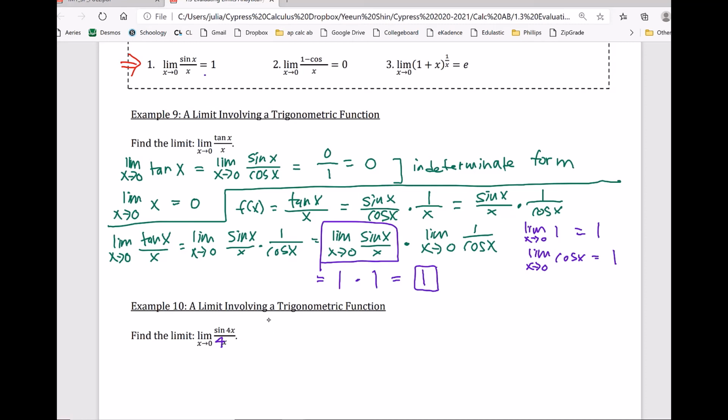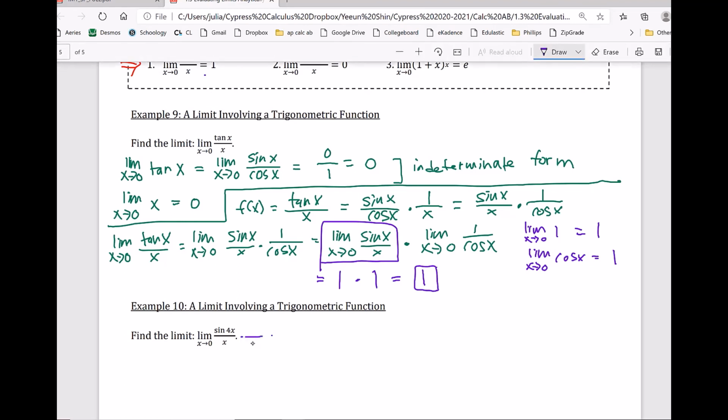Isn't that kind of like if I let u equal 4x? So maybe I won't write the limit notation just yet, because then it doesn't really make sense. But it's like sine u over u. And that should fit pretty well with that, right? Okay, so we want it to be the same. So is there a way we can get away with multiplying a 4 in the denominator?